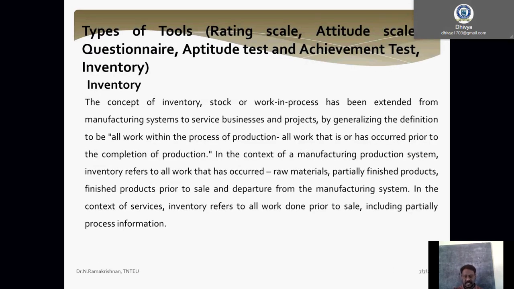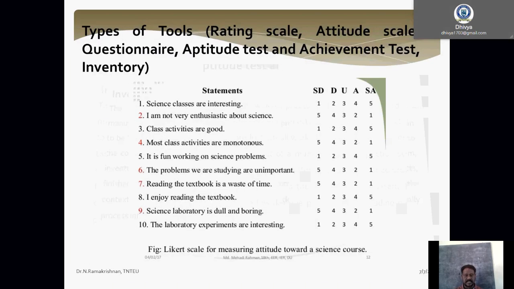Stock, again, is related to inventory. And you can see the statements: Science classes are interesting. I am not very enthusiastic about science. Class activities are good. Most class activities are monotonous. It is fun working on science problems. The problems we are studying are unimportant. Reading the textbook is a waste of time.